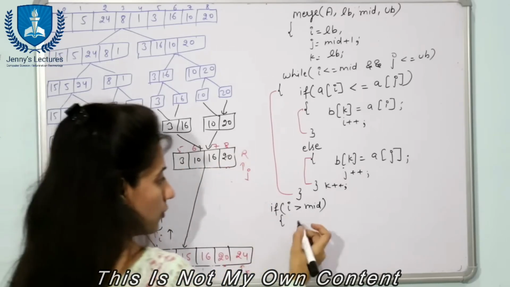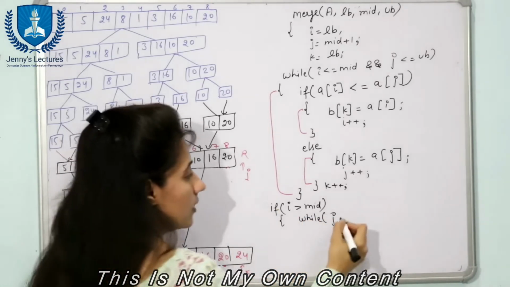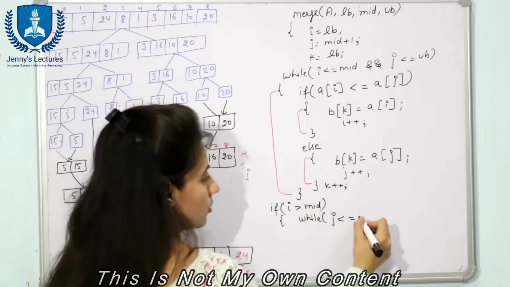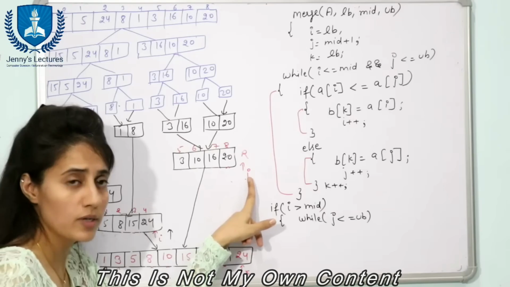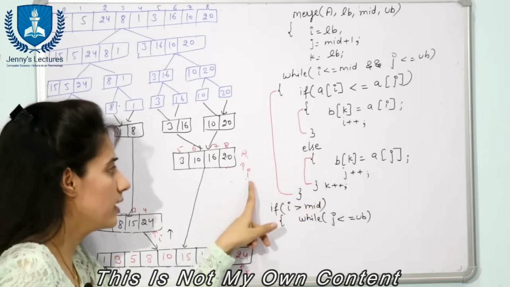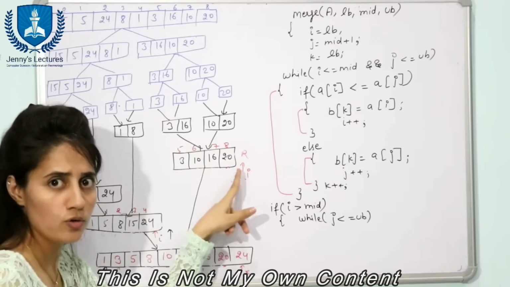So now what will you write? While j less than or equal to upper bound. Fine, because if j is also greater than upper bound, then obviously there is no leftover element, so no need to put these elements here.